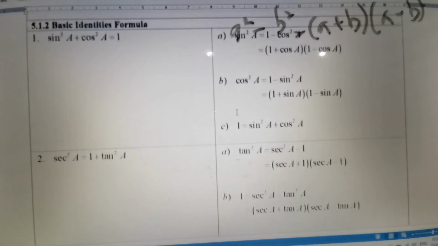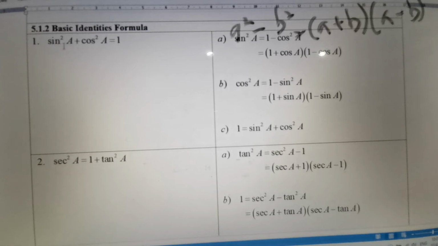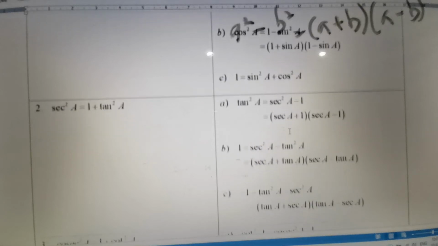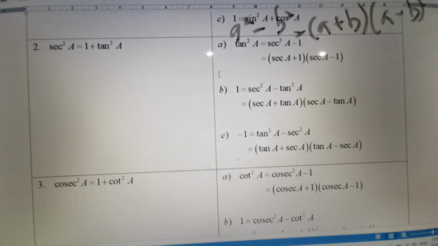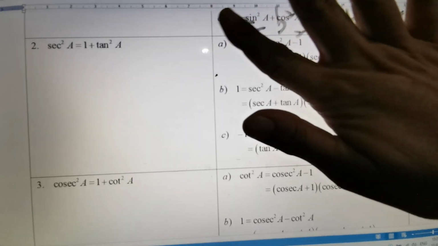And this one also, actually sine squared A plus cos squared A is equivalent to 1. And 1 you can also write in a reverse way, meaning sine squared A plus cos squared A. The second one also, wait, let me rub this one here.